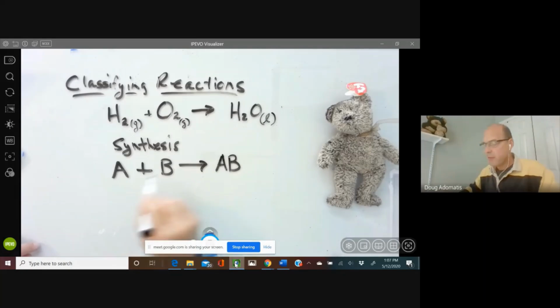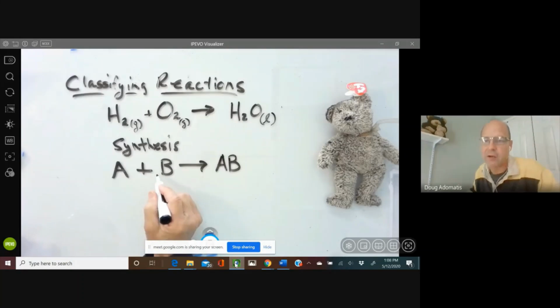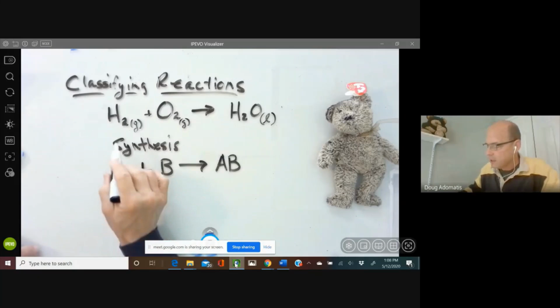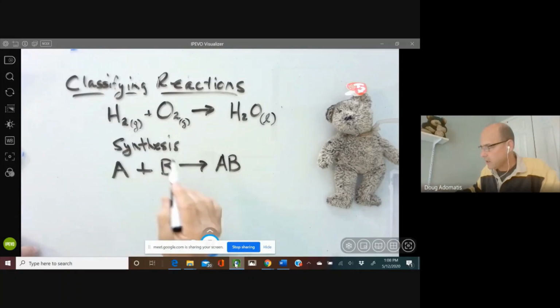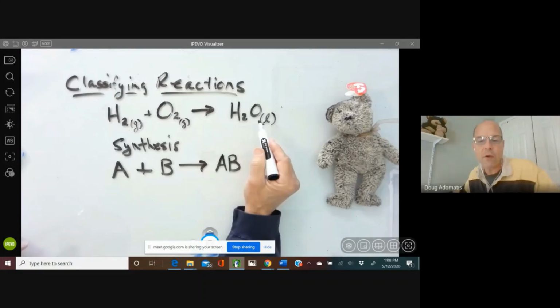Okay, so this is my model. It's generically speaking, so my A is not supposed to be some sort of element A or element B, because you're going to find B on the periodic table, but I don't think A is on the periodic table. These are letters. In general, A in this case stands for the hydrogen gas, and B in this case stands for the oxygen gas, and AB stands for the compound formed by those two elements.